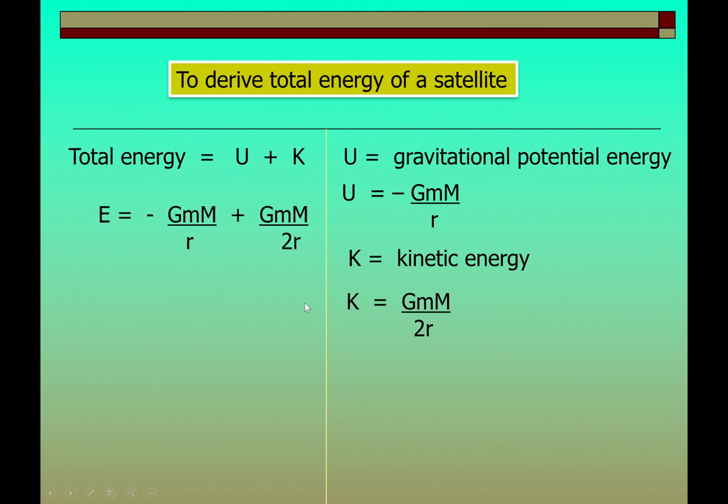So we substitute these two values into the total energy. Then we simplify the equation, and the total energy equals negative GMm per 2r. Because the denominator here is 2r, we multiply by 2, so the numerator also gets multiplied by 2. Negative 2 plus 1 is negative 1, so we get negative 1 GMm per 2r. So this is the total energy of a satellite.